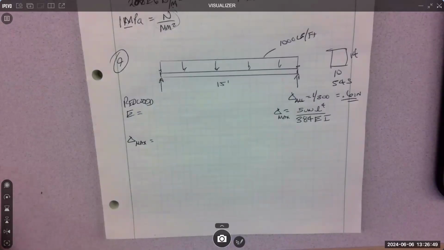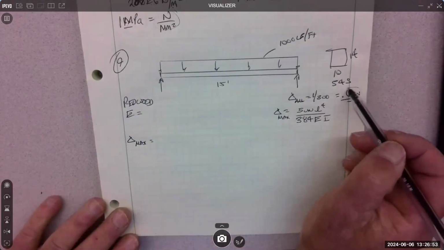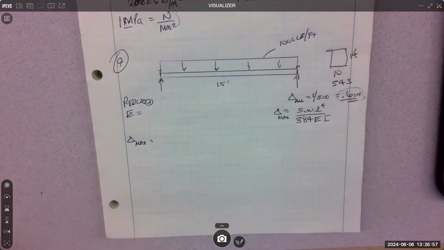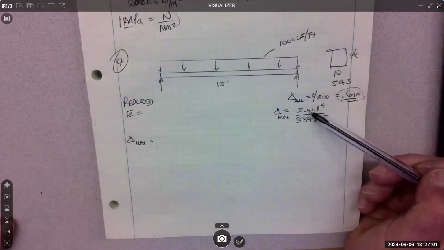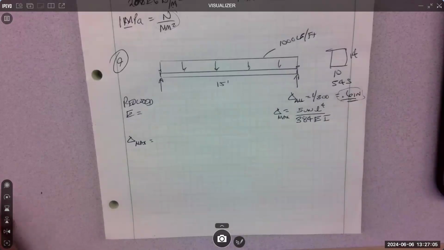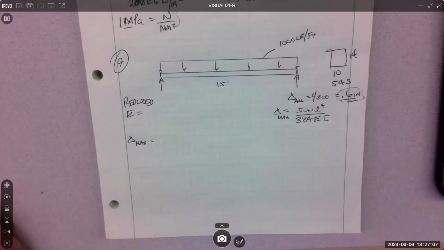Yeah, if you set it to the limit, then what you're doing is trying to calculate W. It's a fun calculation, but it's not the way to do this problem, because you're already given a load. You just calculate the deflection and see if it's within limits.